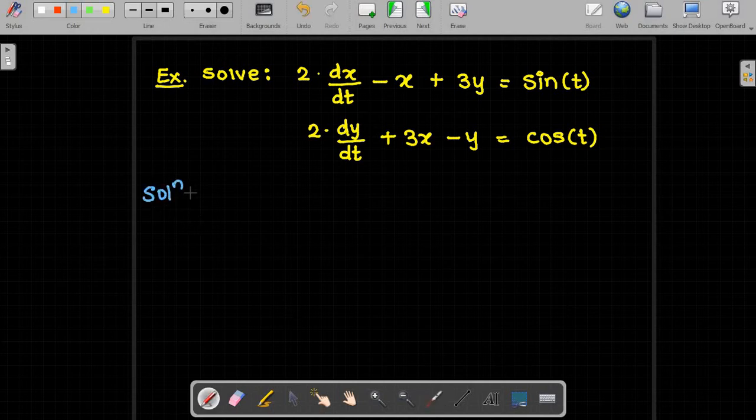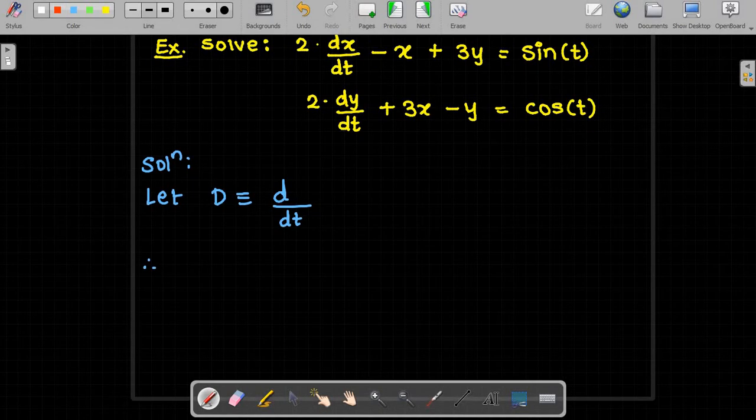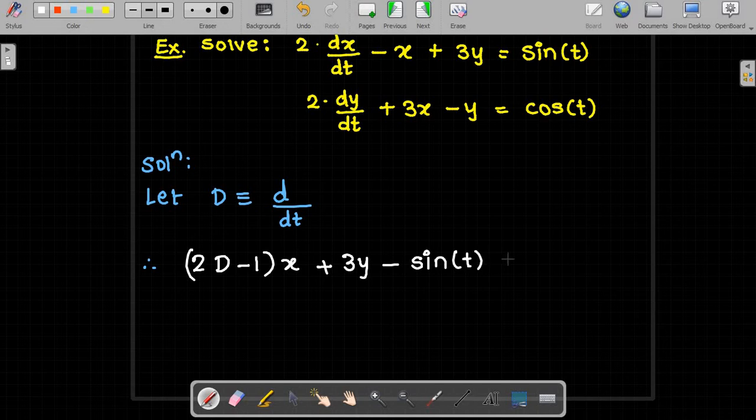So for solving this, we consider operator D. Let D be the derivative with respect to t, the operator. Therefore, the given differential equations can be written as 2D minus 1, x can be taken common, plus 3 times y, and we take the function of t on the left hand side, minus sin t equal to 0.